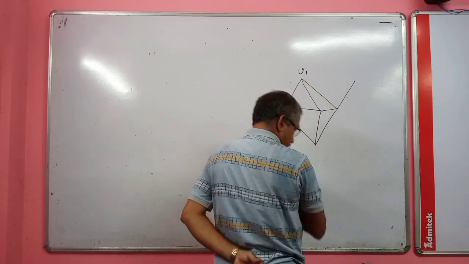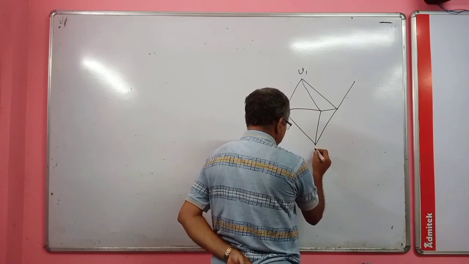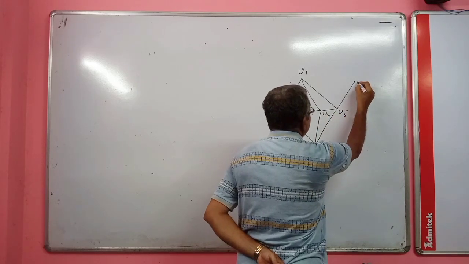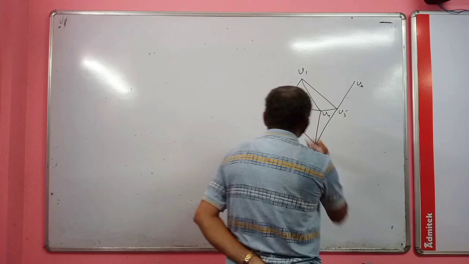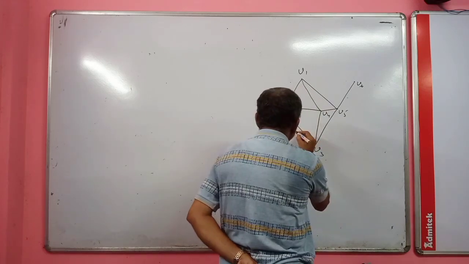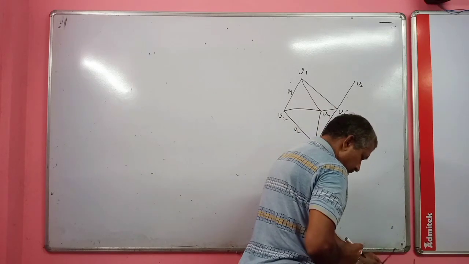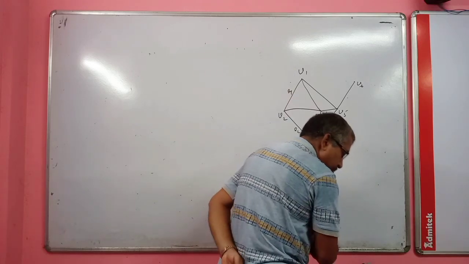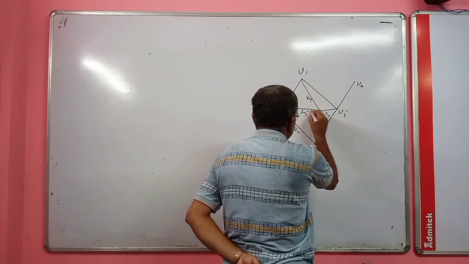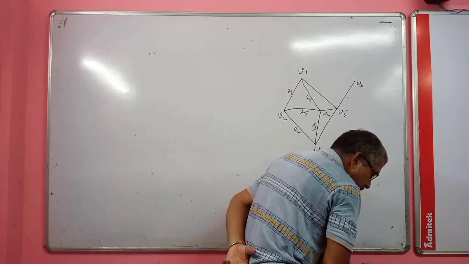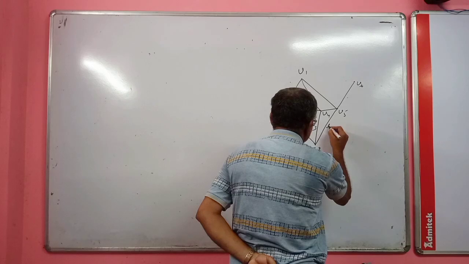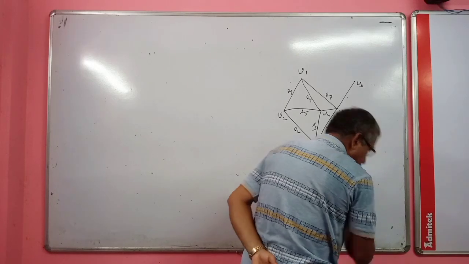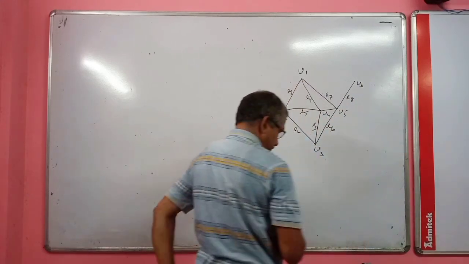This is V1, V2, V3, V4, V5 and V6. This is E1, E2, E3, E4, E5, E6, E7, E8.